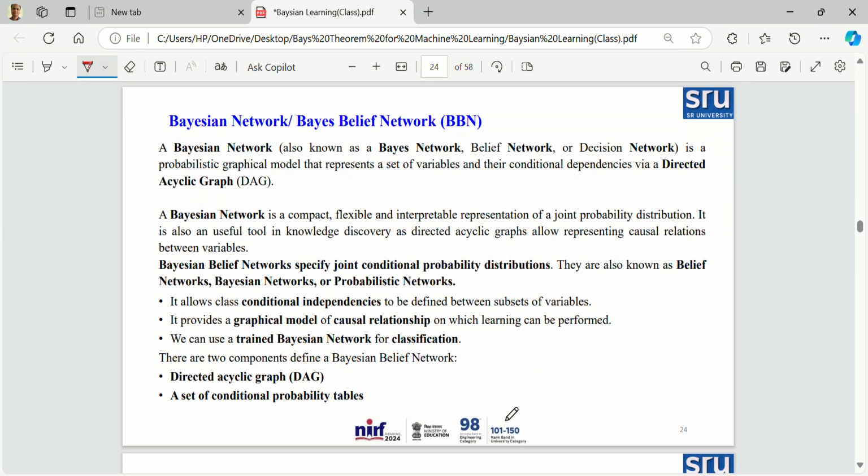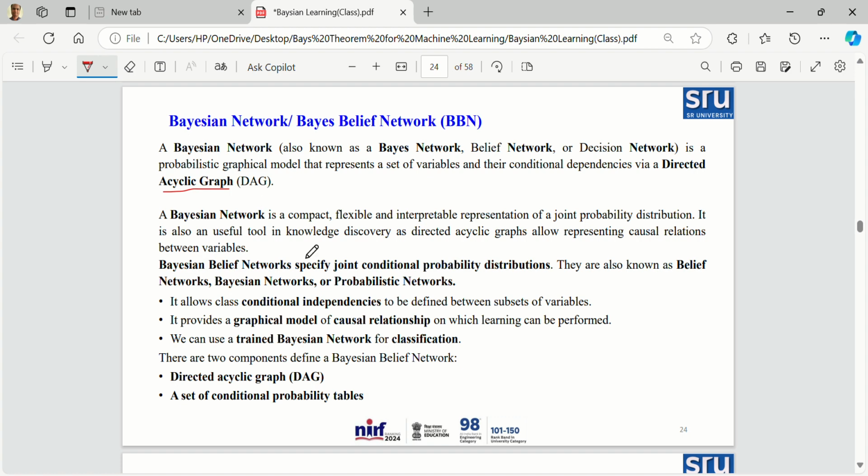Then the Bayesian belief network, or Bayesian network. It is sometimes called the Bayes network, belief network, or decision network. It is a probabilistic graphical model that represents a set of variables and their conditional dependence by a directed acyclic graph. So this is a directed graph. There are no cycles, because every node is not depending on the others; only a one-way process is available.